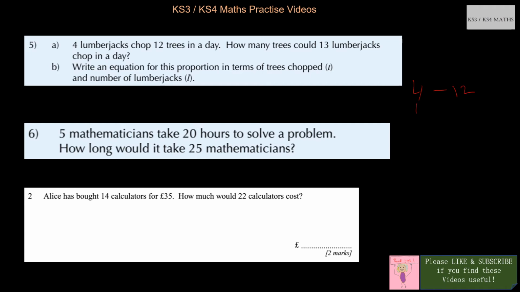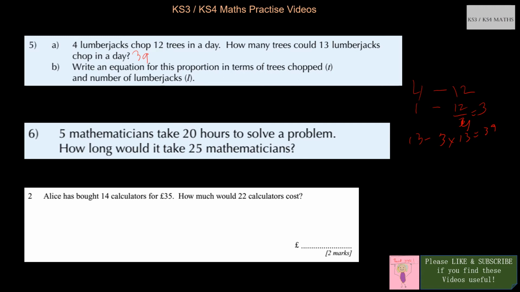So one lumberjack will be able to chop less than that, so we have to divide by 4, that is 3. So 13 lumberjacks could chop 3 times 13 is 39. So it would be 39.